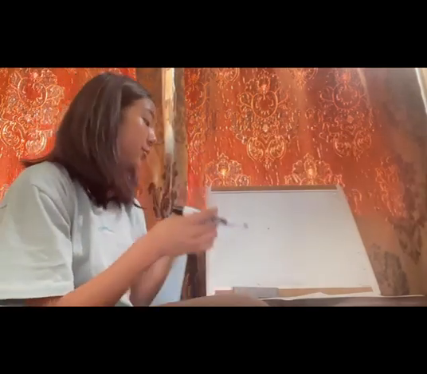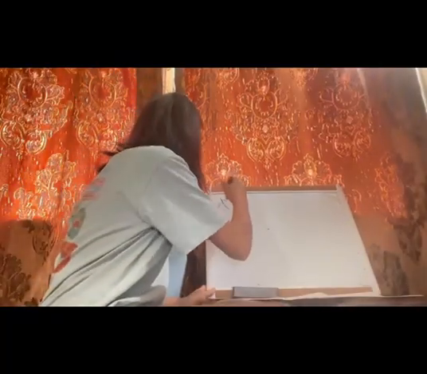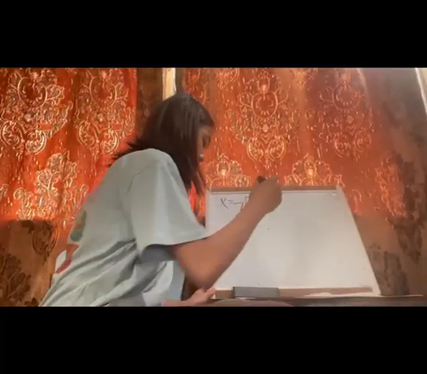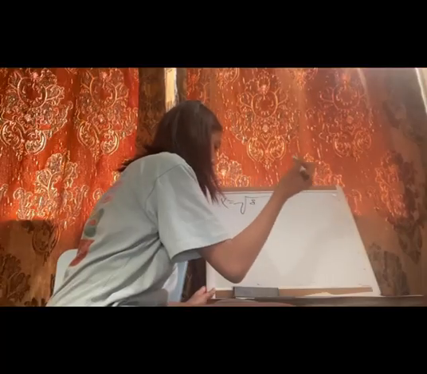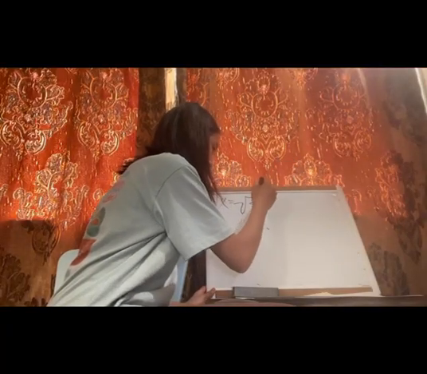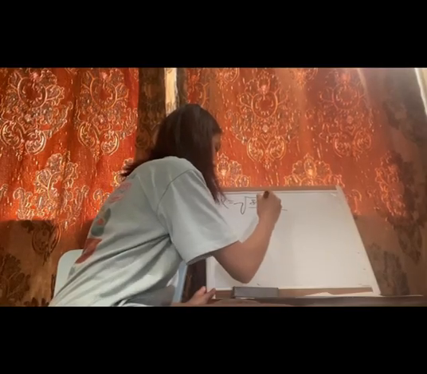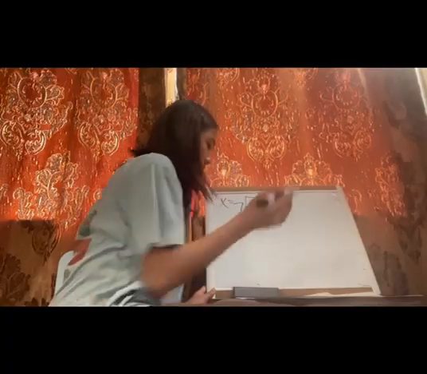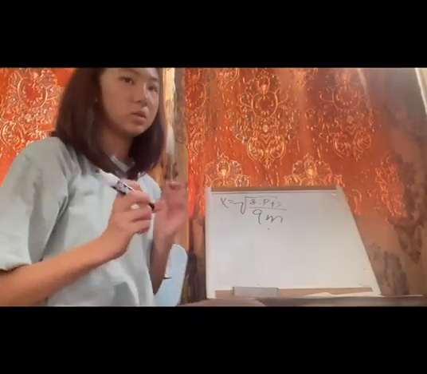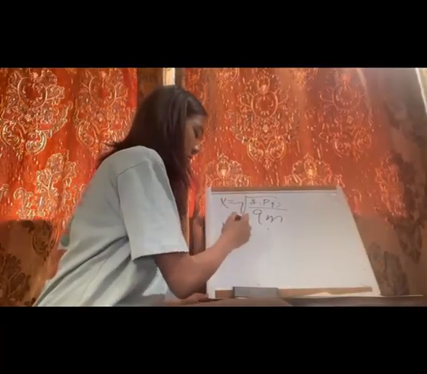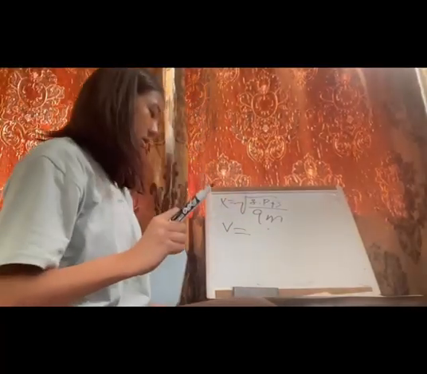Clearly, we want the relationship between x and v. So we're going to use our equation with x, which is 8 multiplied by P t cubed divided by 9m. And then we also want the equation with v.